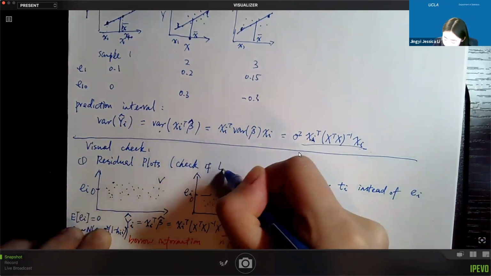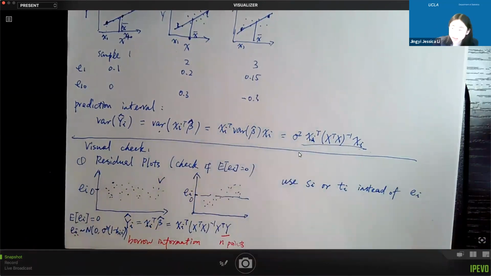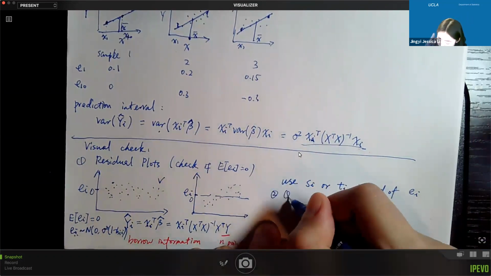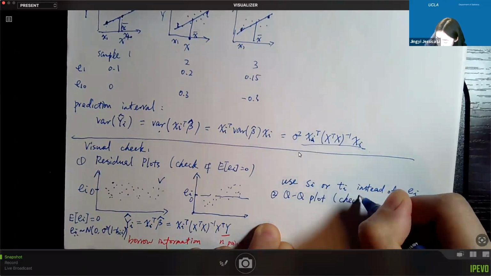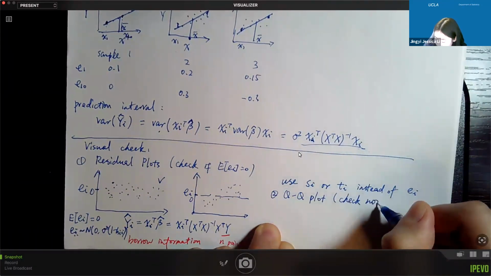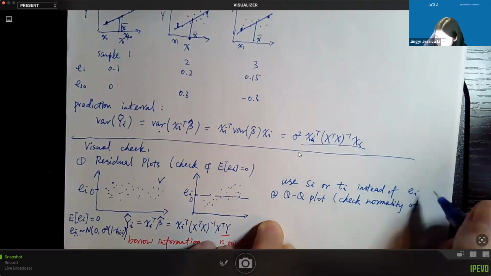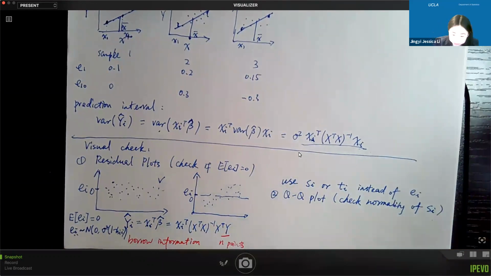That is, checking whether the expectation of EI is 0. And the second check is to check the normality assumption. We will use the QQ plot to check the normality of residuals. Here I'll just use SI as an example.